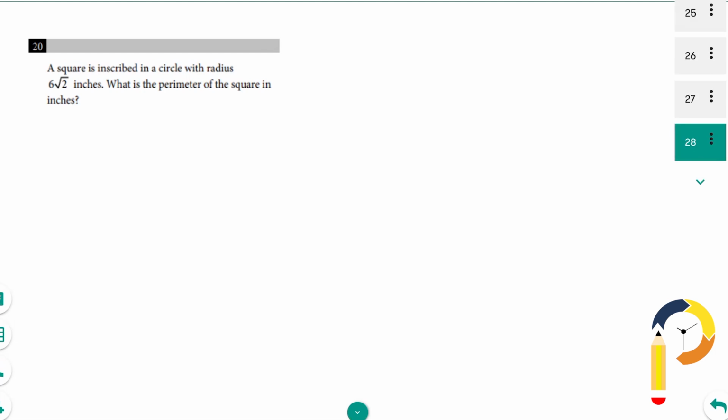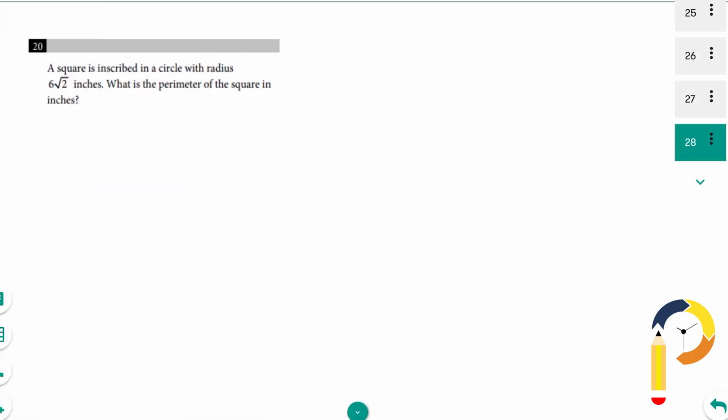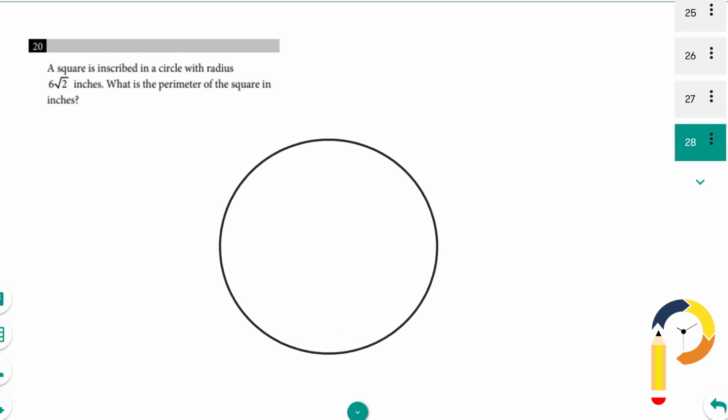So what to do? The basic approach to solve any geometry problem is to make the figure. So what is given to us? There is a circle and a square is inscribed in the circle. That means the square is inside the circle, and inscribed means all 4 vertices of the square are on the circumference of the circle, right?